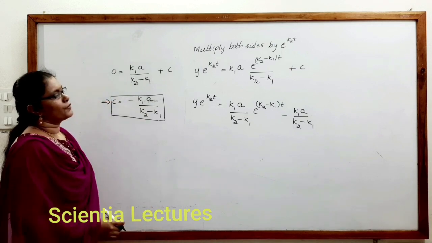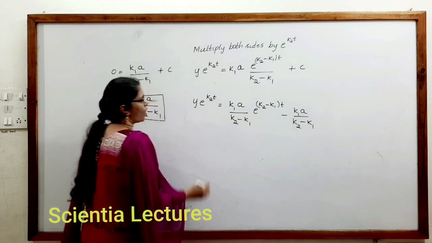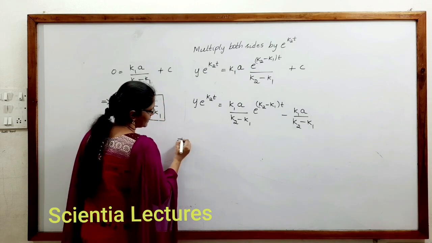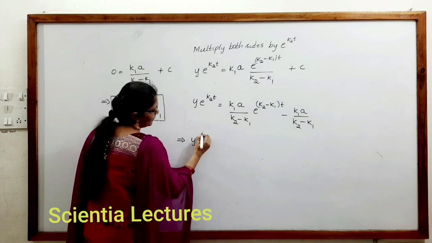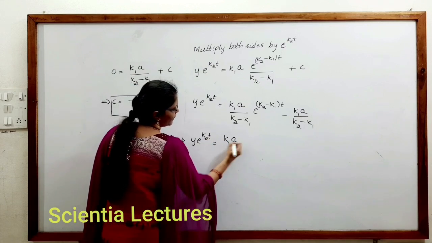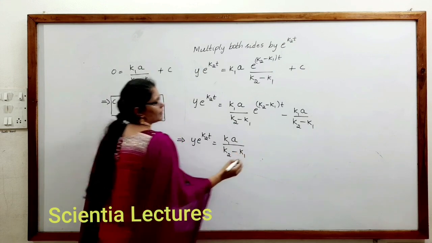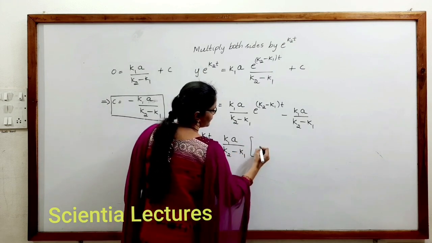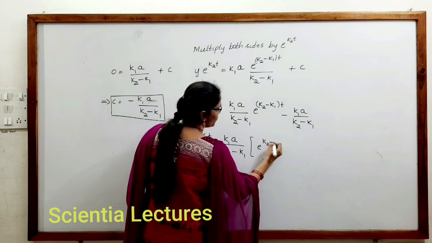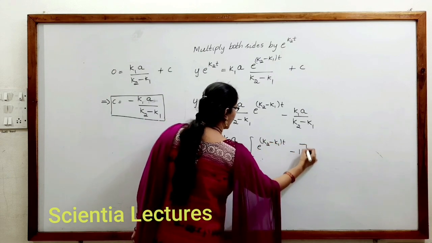Now if you check here, k1 a by (k2 minus k1) is a common term, which implies y e^(k2 t) must be equal to k1 a by (k2 minus k1) into (e^((k2 minus k1)t) minus 1).